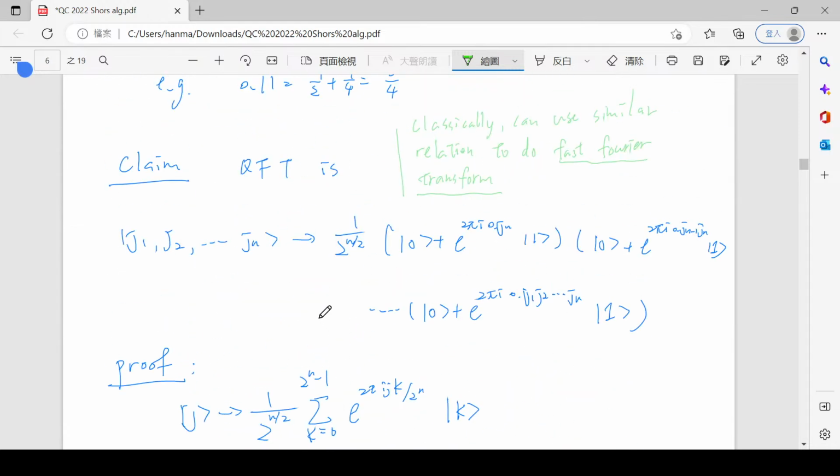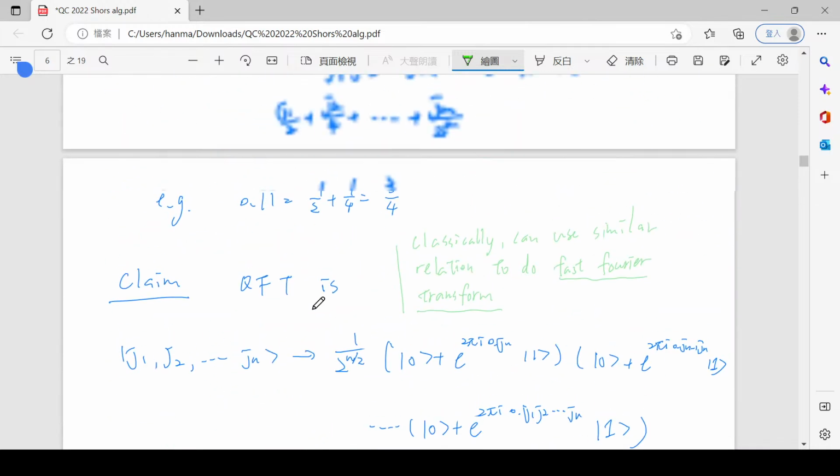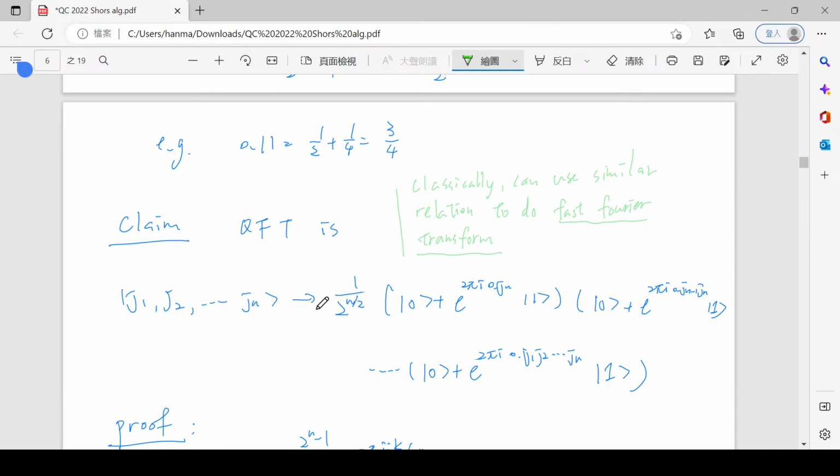We don't have time to go over details, so maybe it's good to see the conclusions first. The conclusion is, if you want to do the quantum Fourier transform, well, it's linear, right?